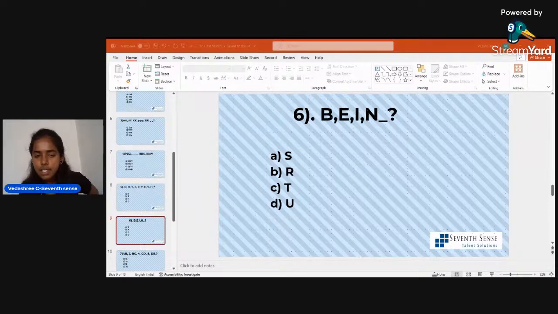T is the wrong answer. S is the correct one. Try to find out the logic. So I have said the correct answer, that is S.